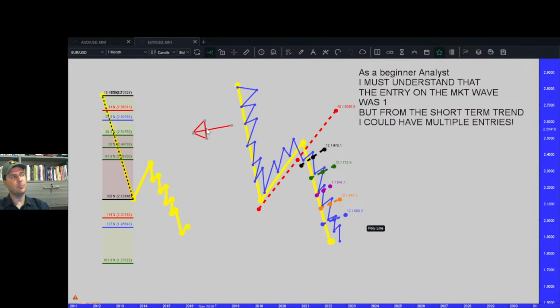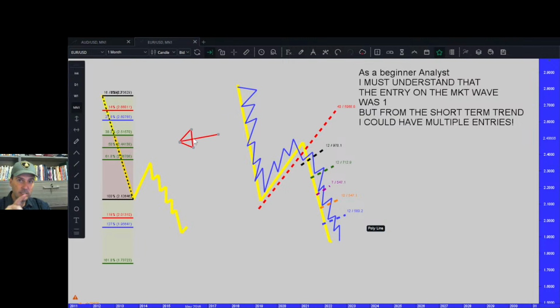This misinterpretation of the strategy and the market is causing you to take small profits. Now this is really good news, because it's not your fault.